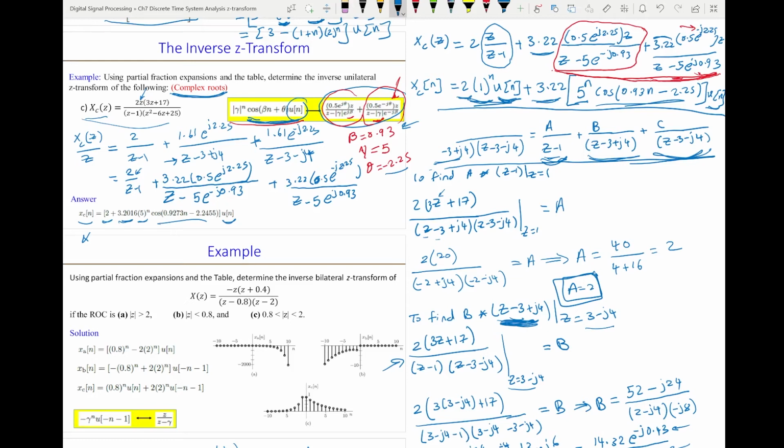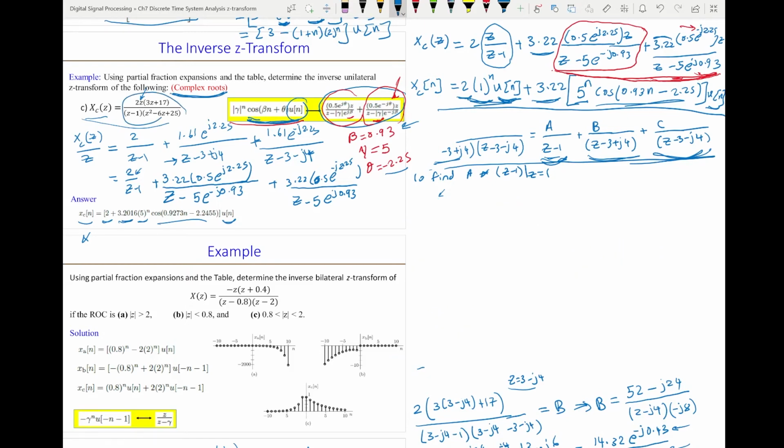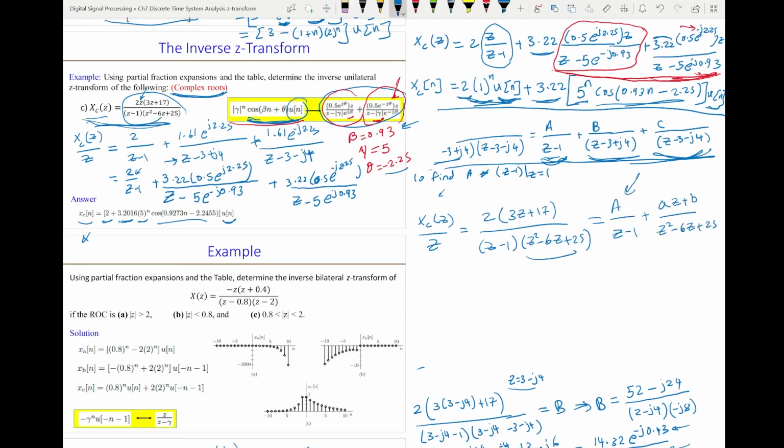Now there is another way of solving this problem if you are not comfortable with the complex root. All you have to do is factor out these in this form. Let's clean up. Factor out these. And then this will be A over z minus 1 plus little a z plus little b over these terms. And you can find A the same way we did here in these problems, but then you have to solve for little a and little b.